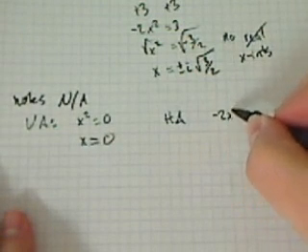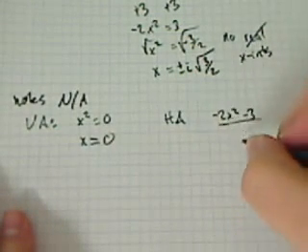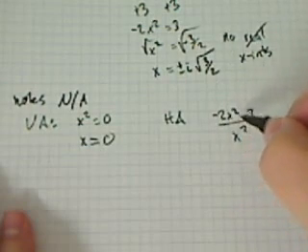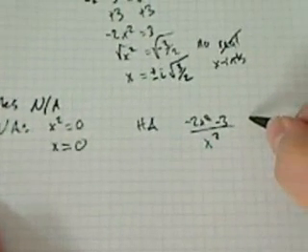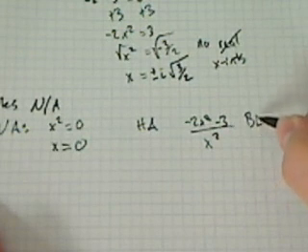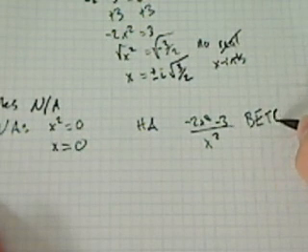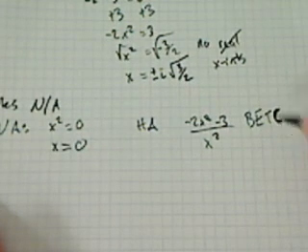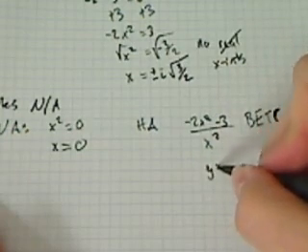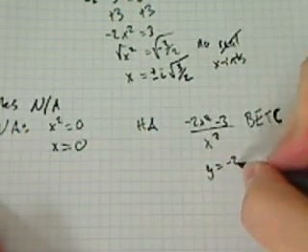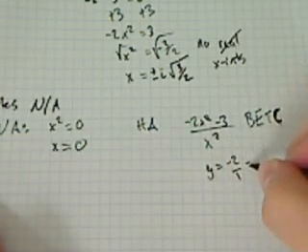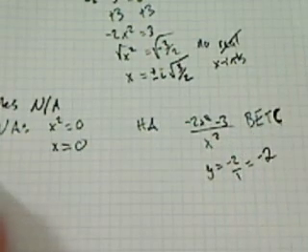So we have (-2x squared minus 3) over x squared. Equal degrees, equal terms, so we look at the coefficients. Our coefficients here, -2 in the numerator, +1 in the denominator, would be y equals -2.